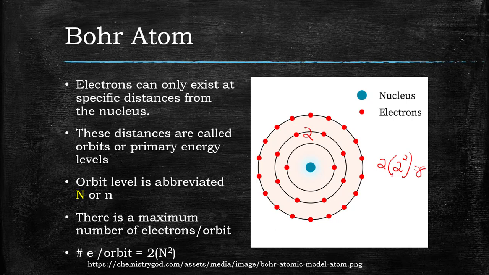And so we would say the second level can hold 8 electrons. And you may have heard or seen the 2, 8, 18 rule, which is the number of electrons that can be in the first orbit, the second orbit, and the third orbit, and this is where it comes from.